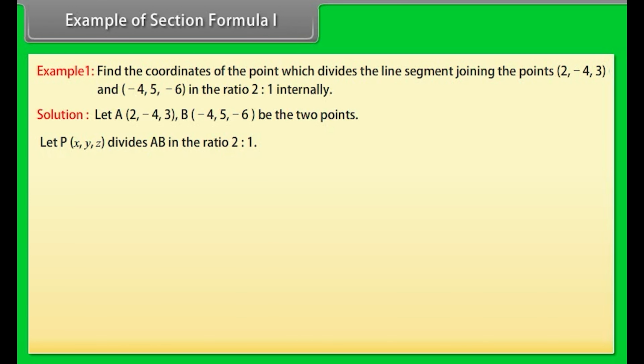Let P (x, y, z) divide AB in the ratio 2:1.